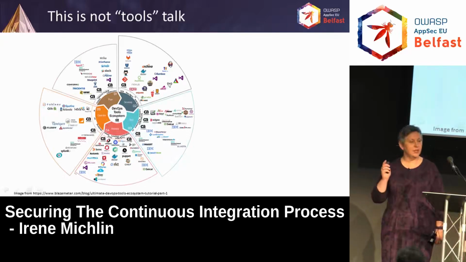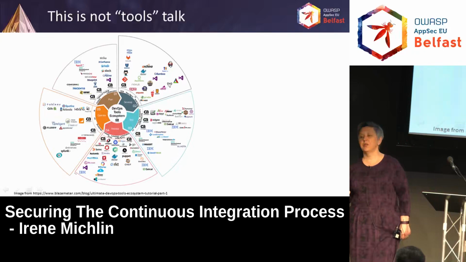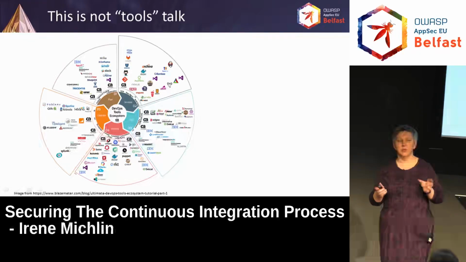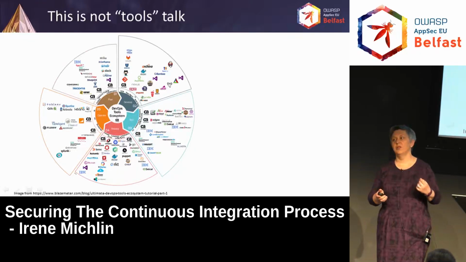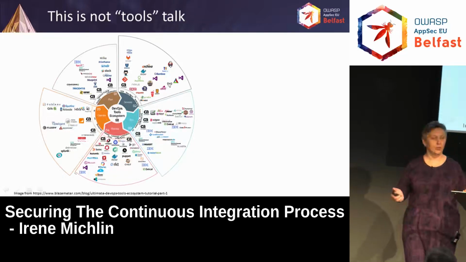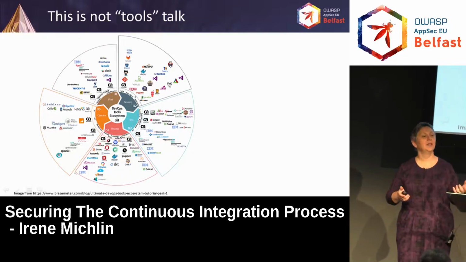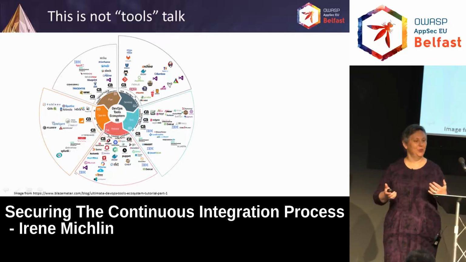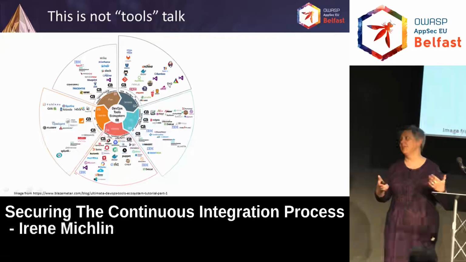What I want you to take out of it is, when you're choosing tools that are right for your circumstances, for your CI pipeline, how to evaluate them, what features to look for, that will allow you to use them securely and put them together securely in such a way that these tools are not the weakest link and not the wide open gate into your organization. And then my secondary goal: after I have this pipeline going and it does what it says on the tin, at least, how can I use it to improve my software security.